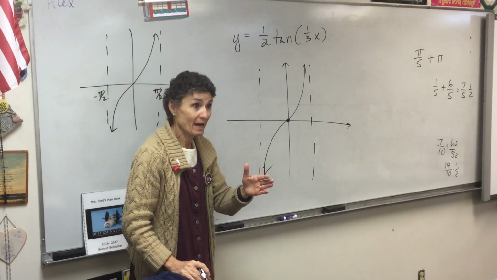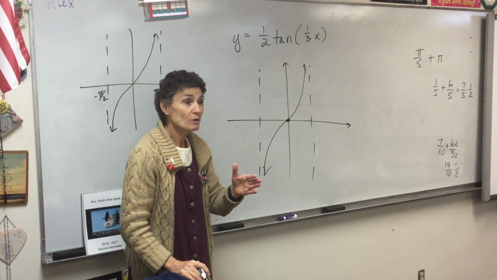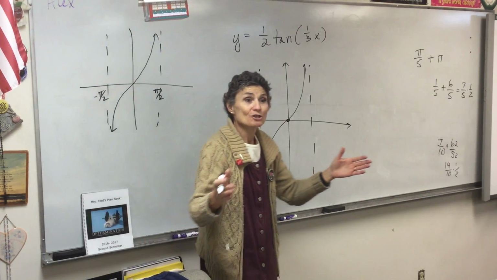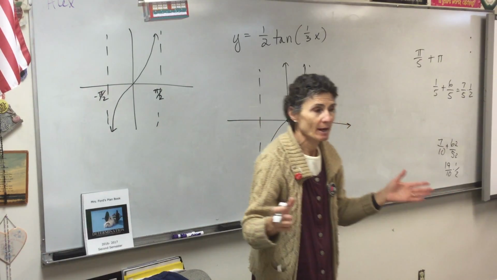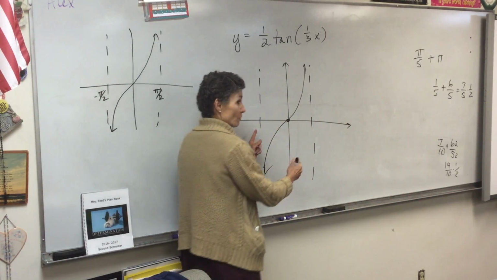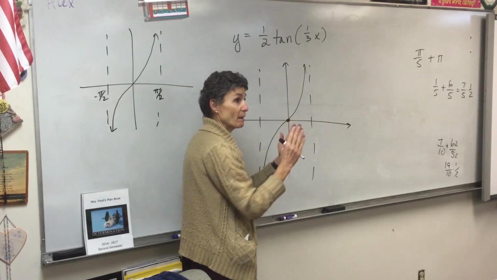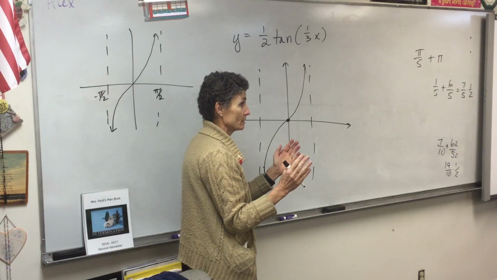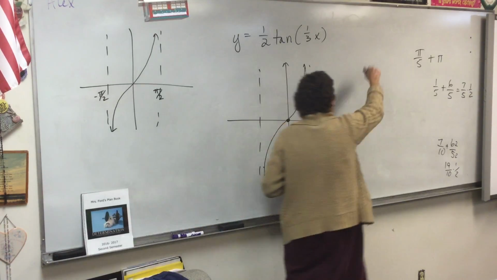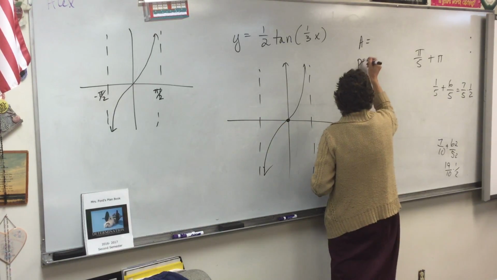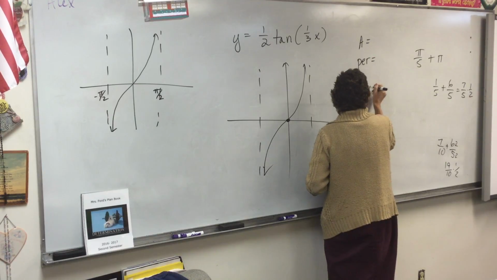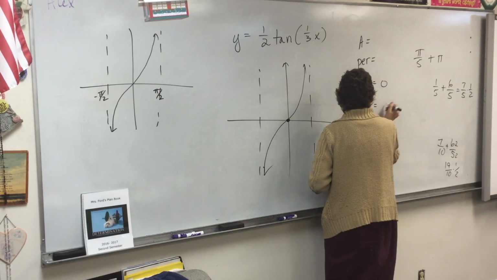Well, I put multipliers in. So what do multipliers do? Stretch and shrink. That's exactly right. So, first of all, I don't know where these asymptotes are, but they've been moved because this picture's been altered. We've already said there's no phase shift, there's no vertical shift.